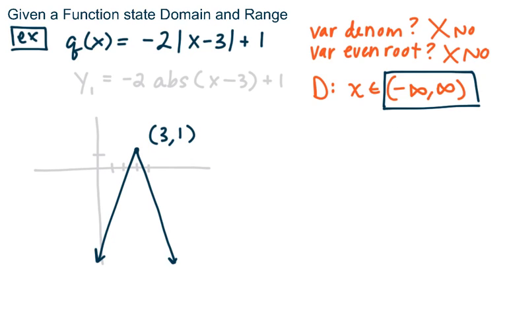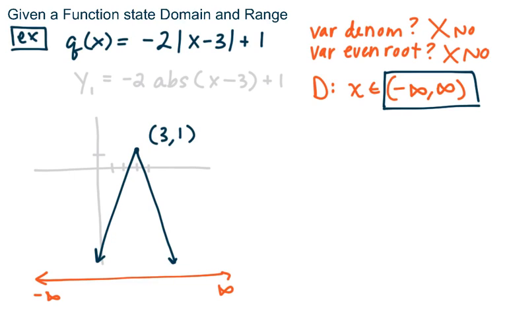So as we can see, considering domain, the graph does go to the left and it does go to the right forever. Even though it looks like it's going down, it's expanding to the left and expanding to the right as it goes down.